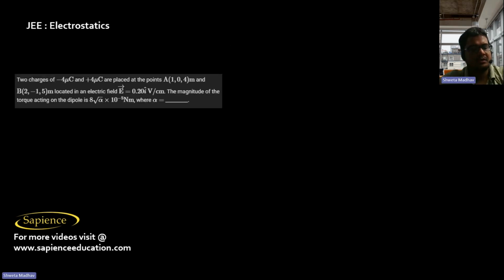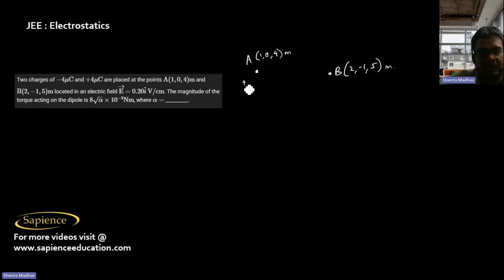So here it is told that the charges of -4 microcoulomb and +4 microcoulomb are placed at the point A, that is (1, 0, 4) meters, and point B, that is (2, -1, 5) meters. Here -4 is kept, and here +4 microcoulomb is kept.